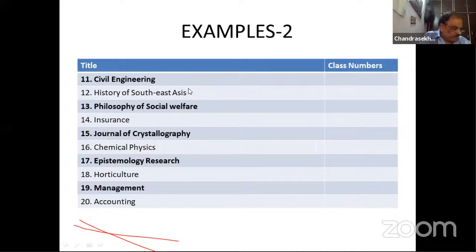Social welfare, 361. Directly they have given it in the index, 361 as social welfare. Philosophy, what is the number for philosophy? Table 1, standard subdivisions.